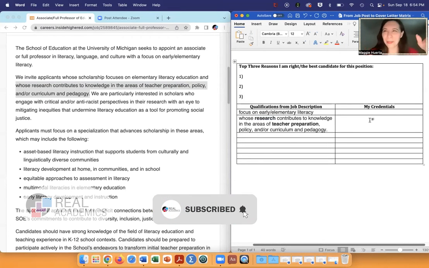I'm only modeling for you my thought process so that you can have an idea of a way that you could process all this information, because it's a lot of information. And if you're applying to multiple positions, it can be a lot to keep track of. So that's why I like to have these templates for myself and for my thinking process.